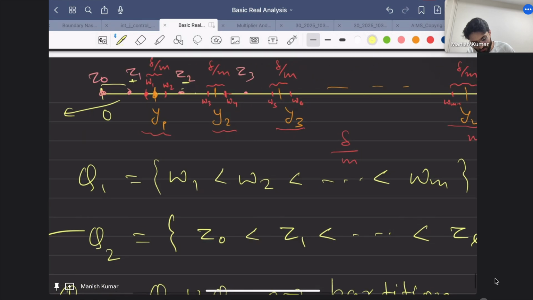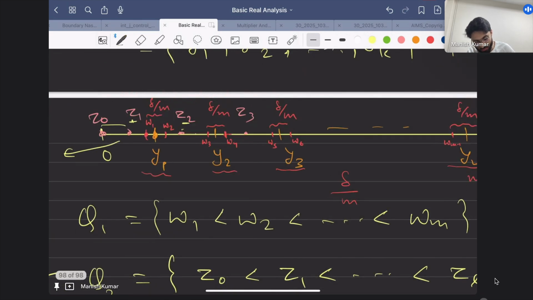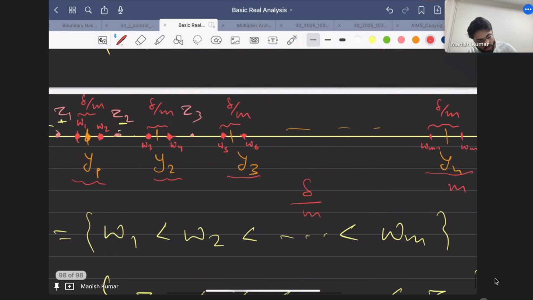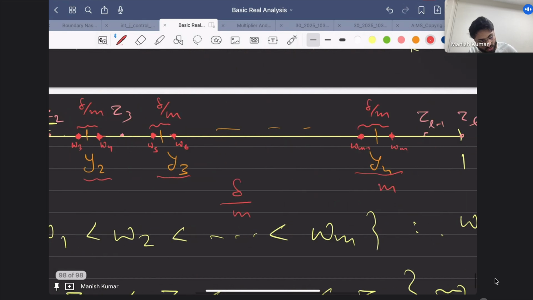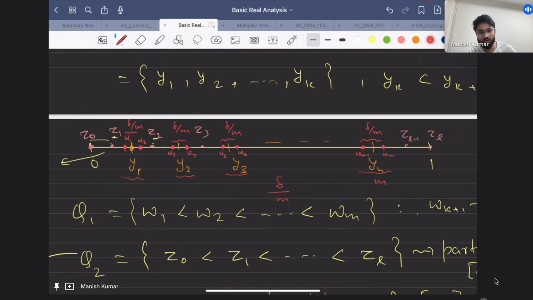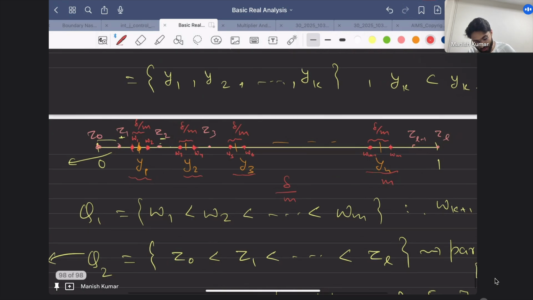It's easy to understand. See what I'm saying, I have this w1 now. You can forget about y1 y2 as of now. We have got one kind of partition. These points are again a partition of this. It may not include this end point, but it's still a partition of those points. Now for the rest of the points, I'll choose a partition given by z0, z1.